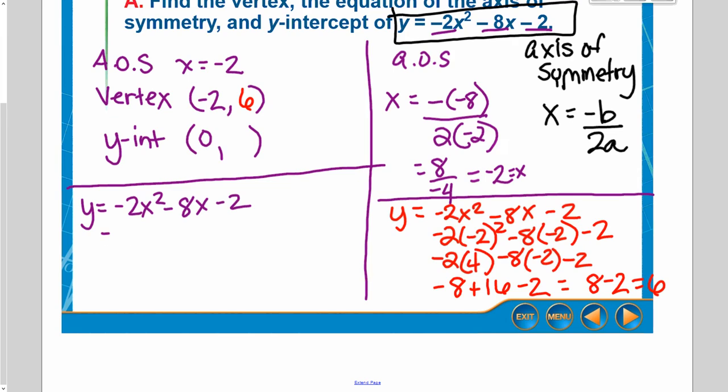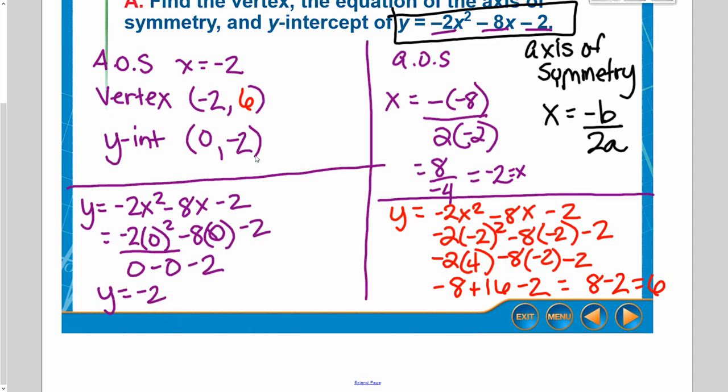So here we've got 0 squared. Oops, put a 0 there. So all of this just goes away, right? It's just 0. This becomes 0. And basically what we're left with is -2.